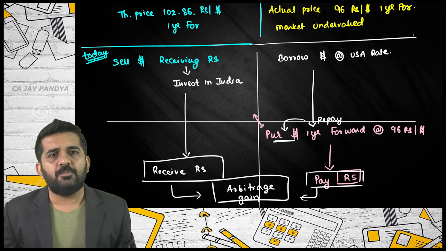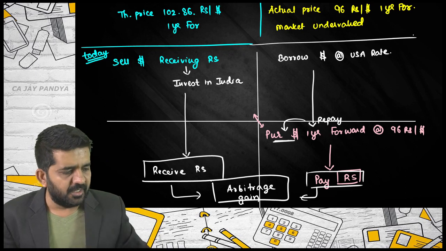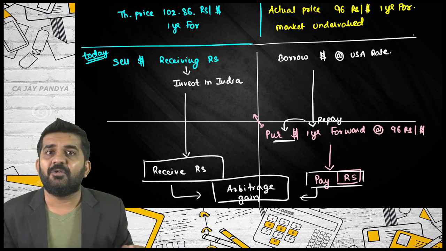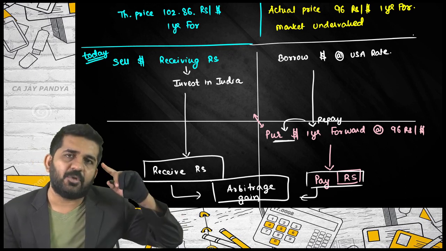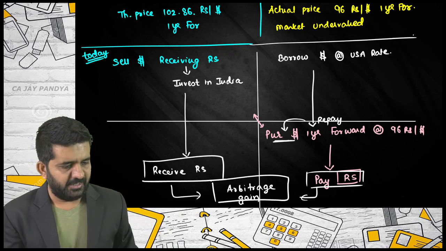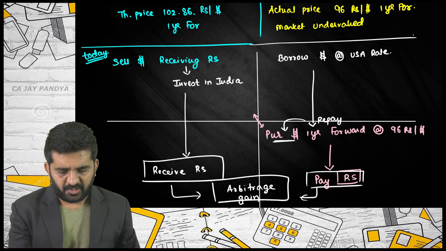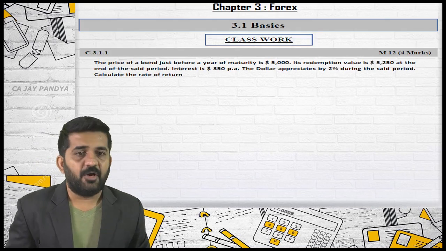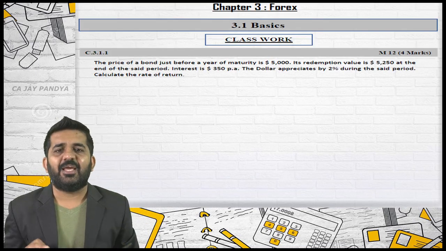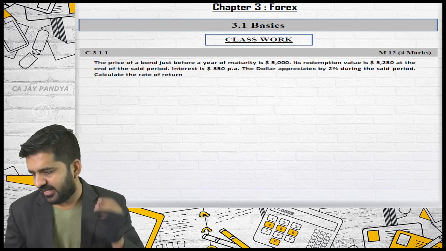I don't say you should mug up, but logically once you understand, you can even mug up the things. And whenever you revise logically and try to understand, in examination it comes to your mind very quickly. This is nothing but arbitrage in forward. What we'll be starting today is some of the questions, and we are actually learning some of the practical questions which were asked in ICAI examination.